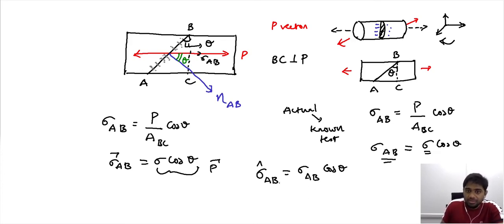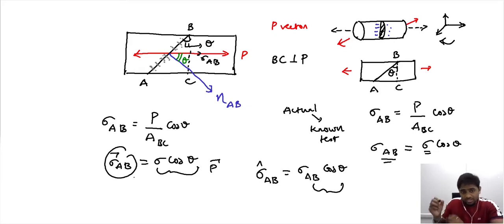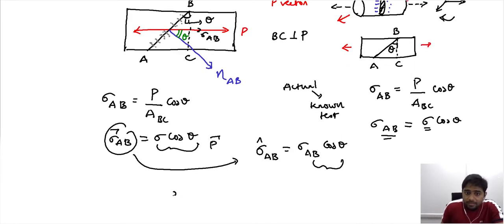So when you substitute the expression for the stress on AB along the loading direction, the stress acting along the normal direction is expressed as sigma cos square theta.